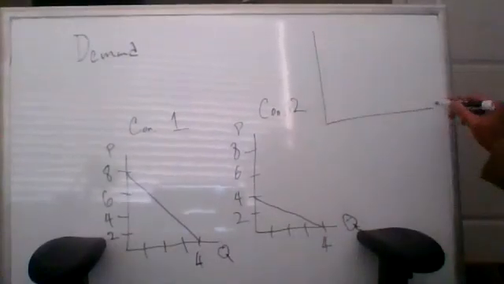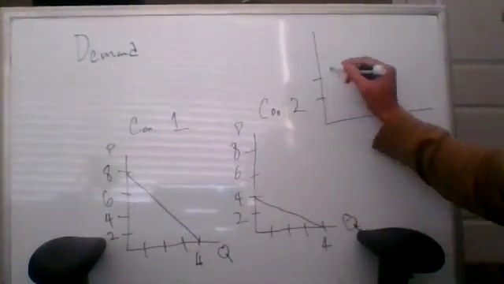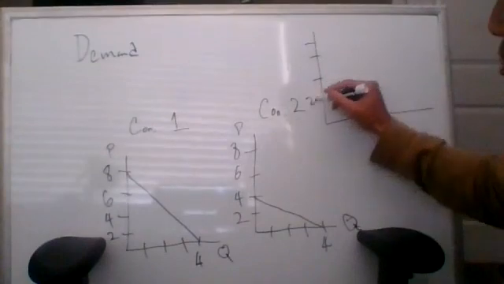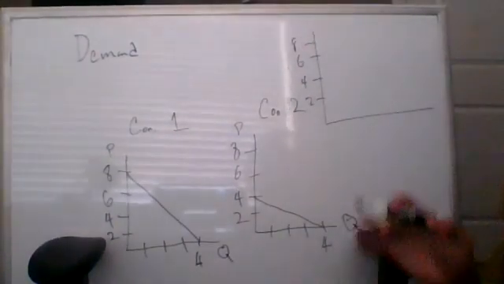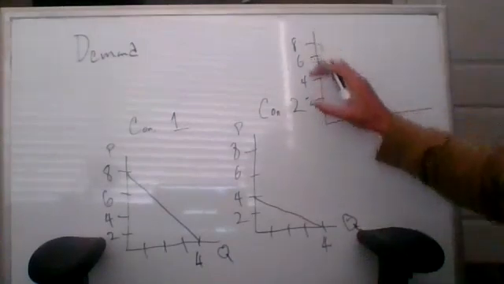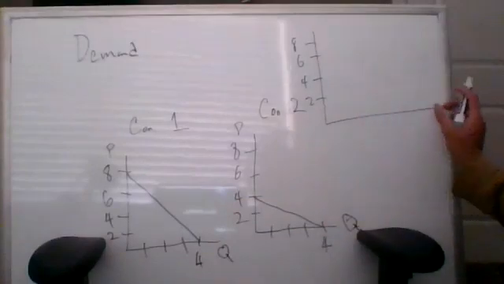Our prices are still going to stay the same. We're still going to have 2, 4, and 8 as our prices, because nothing changes what this axis is. But when we combine quantities, that's what affects this axis.